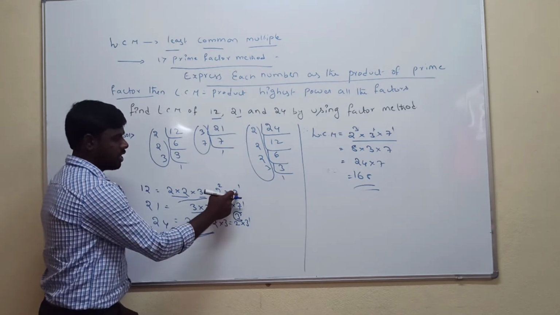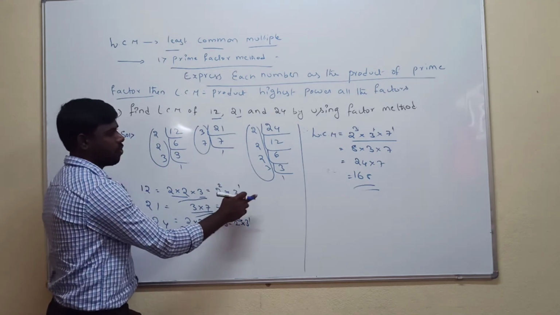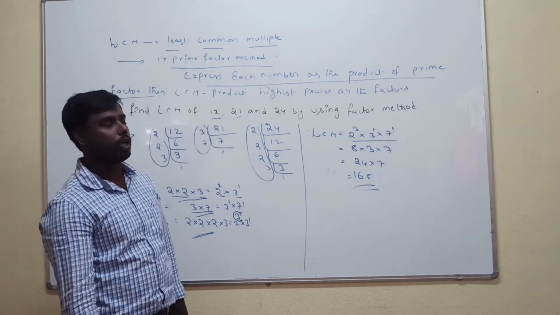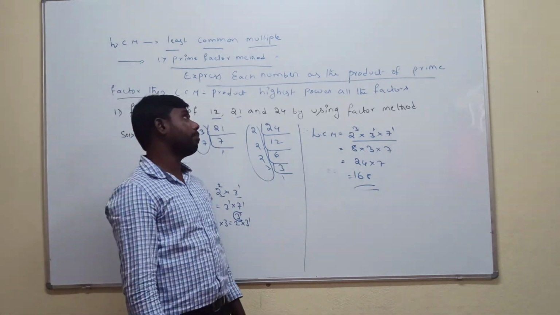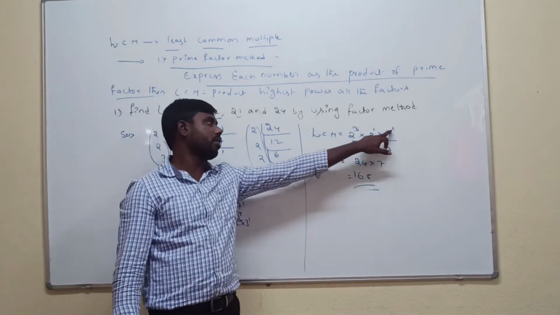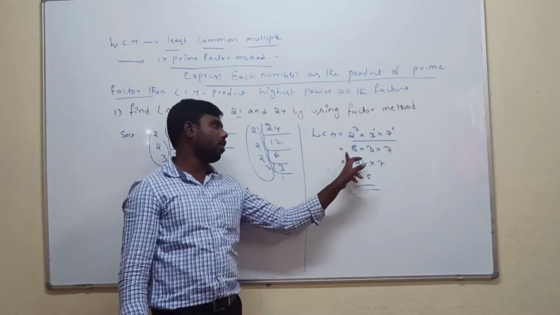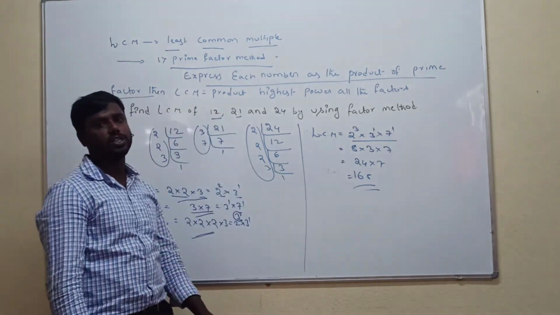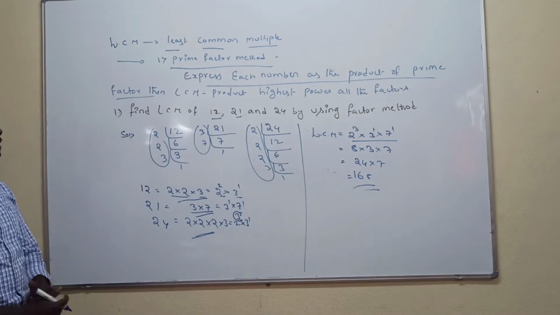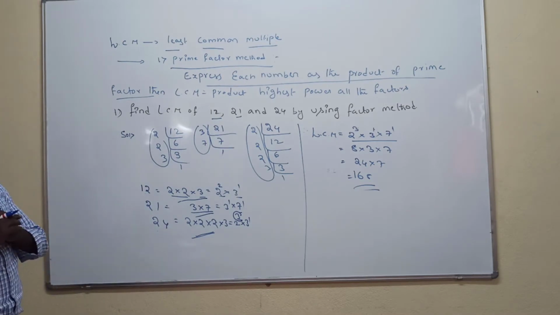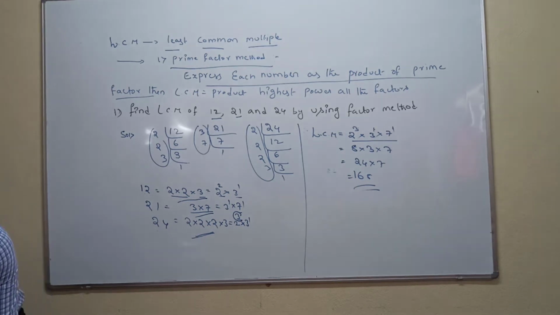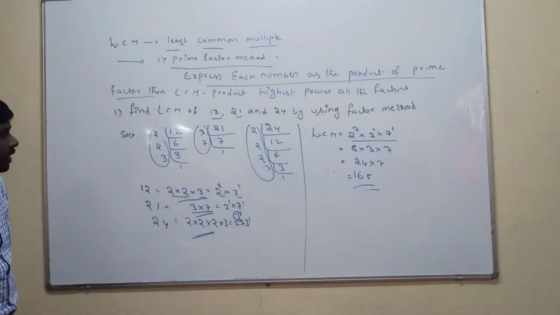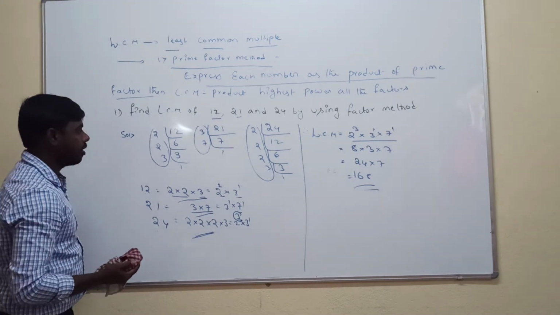The highest power of 2 is 3, of 3 is 1, and of 7 is 1. So 2 cubed is 8, 3 power 1 is 3, and 7 power 1 is 7. You have understood how to calculate the given question using the factor method. Next question, I think everyone understood this method.